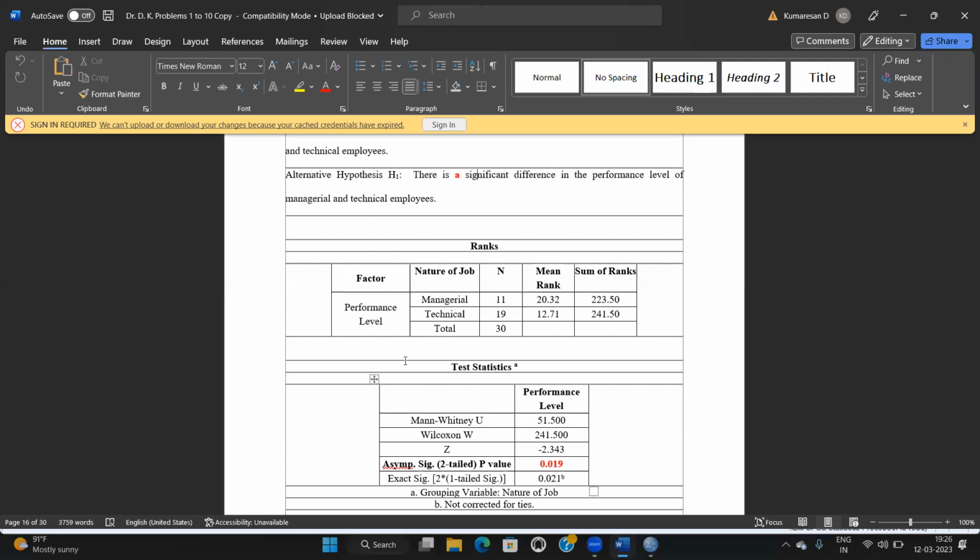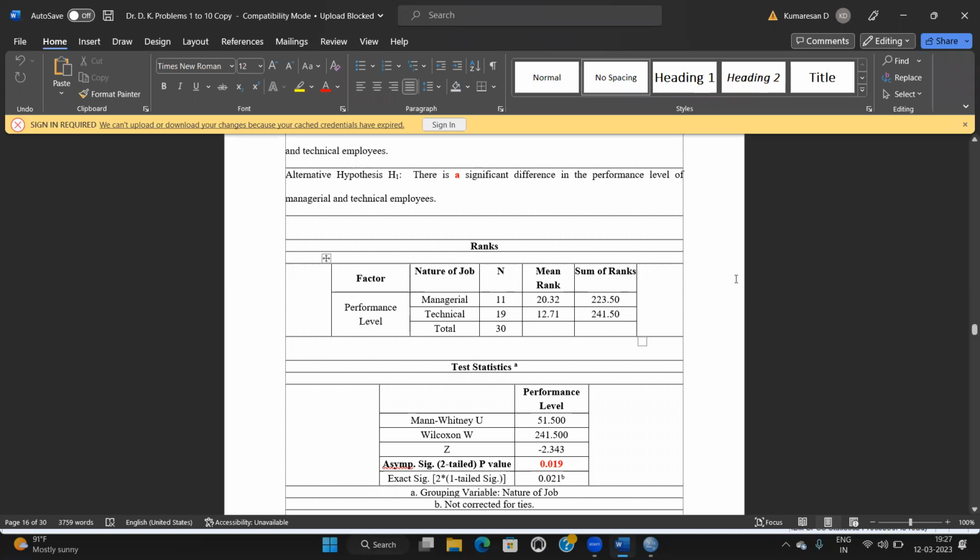So what can we conclude? Technical employees got the lower mean rank, so obviously their performance is better than the managerial employees.